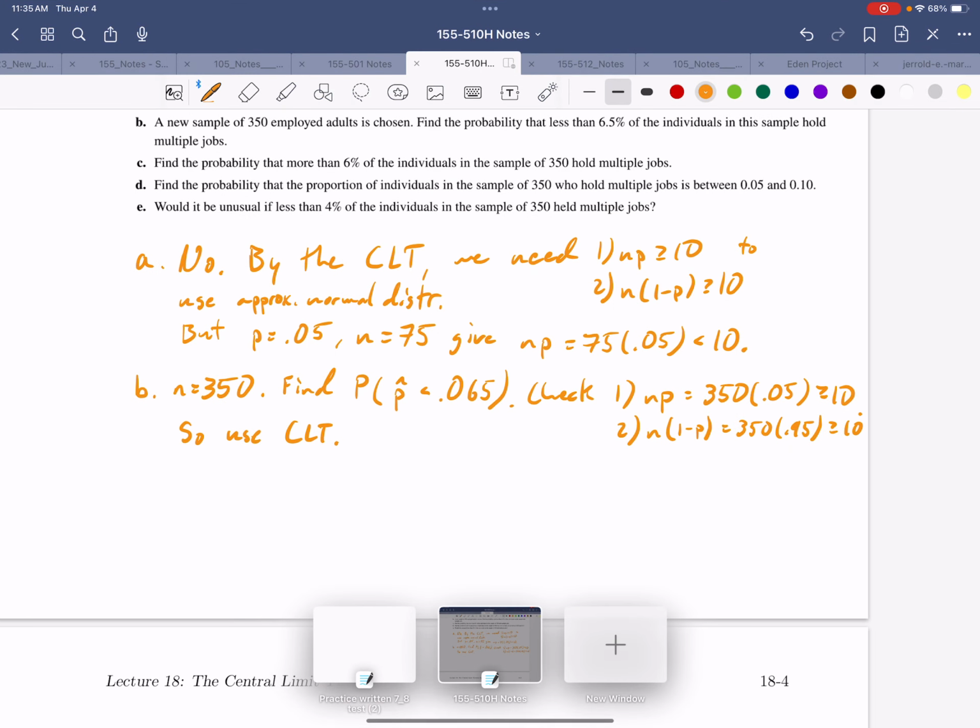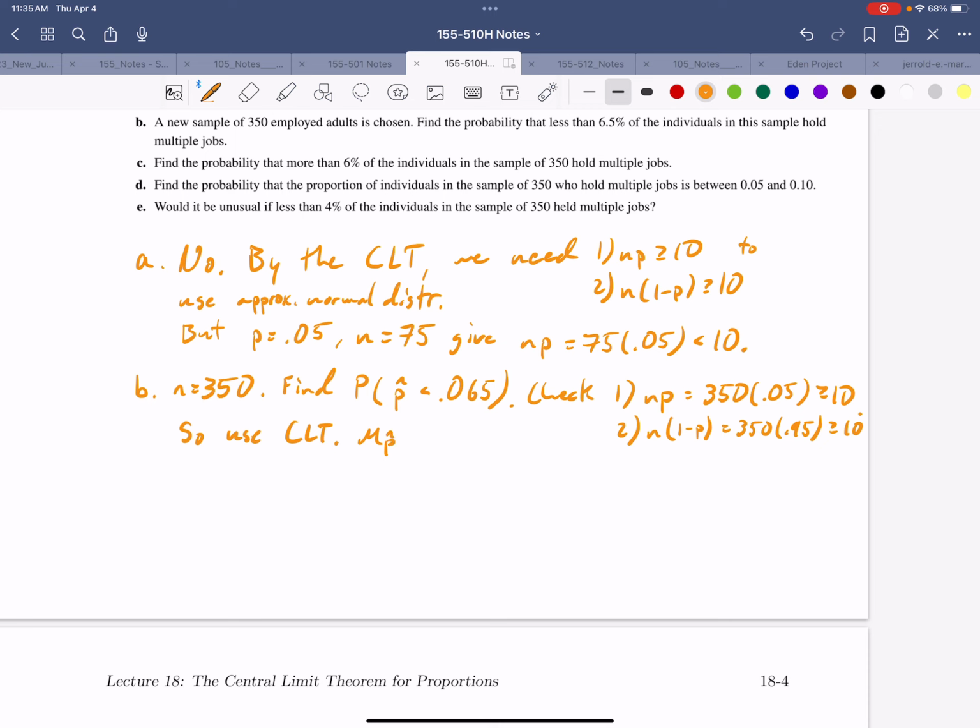If we go back here, we know that the mean of p hat equals 0.05, and the standard deviation of p hat is going to equal, well, that's a little bit of work. It's going to be the square root of 0.05 times 0.95 all over 350.